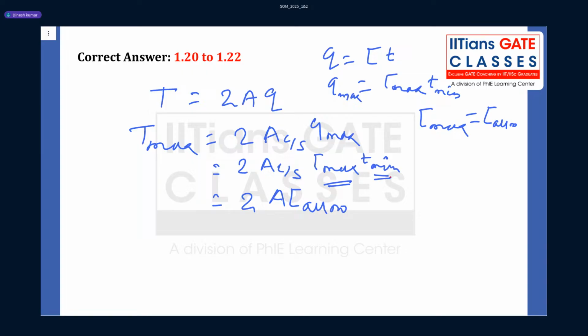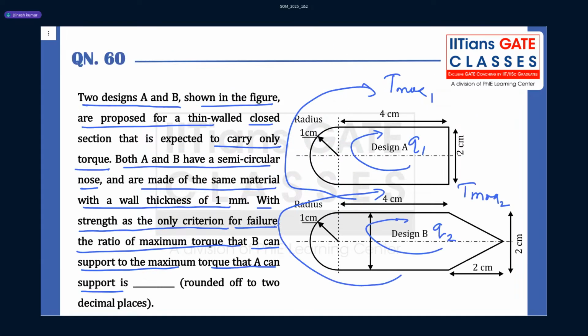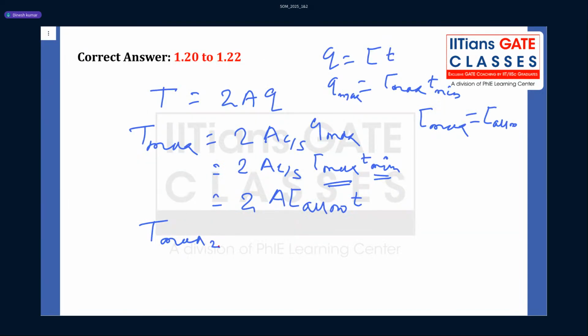Since thickness is uniform throughout, it is equal to t. Now what is asked is T maximum for design B, which is design 2, divided by T maximum for design 1.